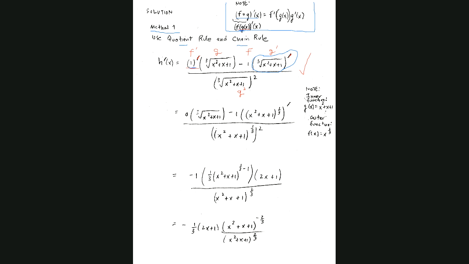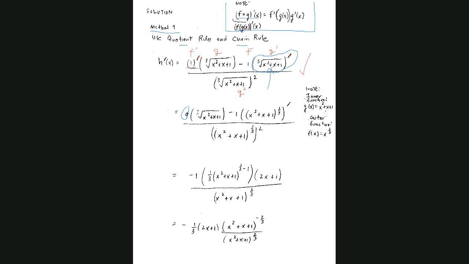That's right, Rodrigo, composition. And so my focus now is, I know the derivative of 1 is 0, so that's good, but now I have to find the derivative of the cube root of x squared plus x plus 1.